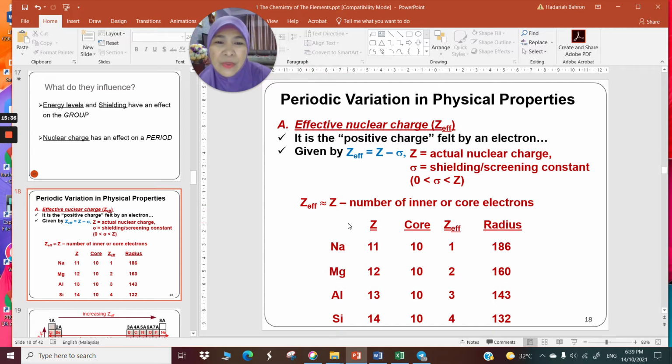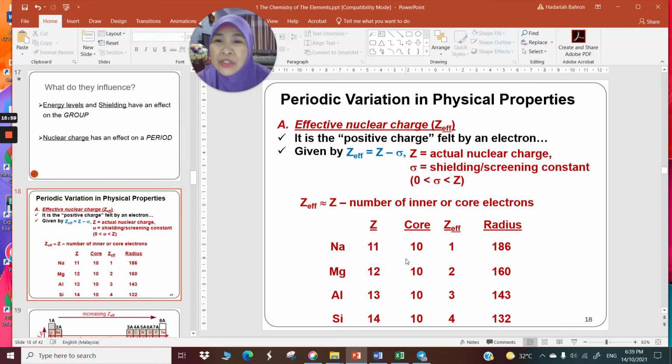So effective charge, or ZEFF, is equal to the actual nuclear charge minus the number of inner or core electrons. So how do we determine core electrons? It is the number of electrons in the shells that are lower than the outermost.